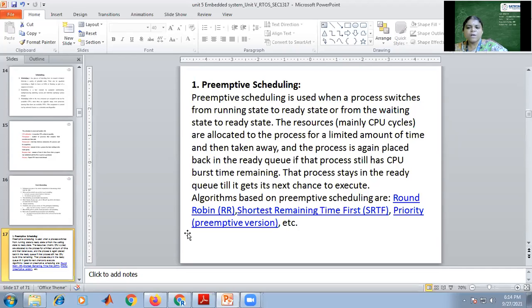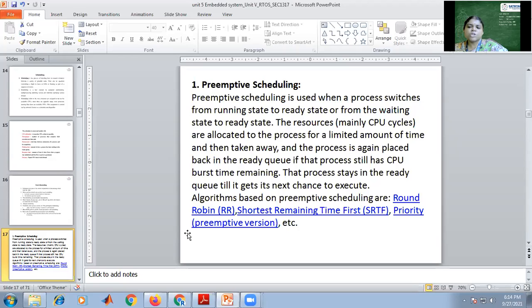So under preemptive scheduling, the CPU will be given to each of the tasks for some particular time.